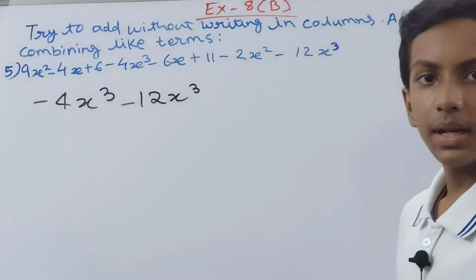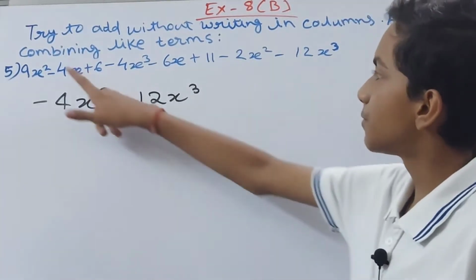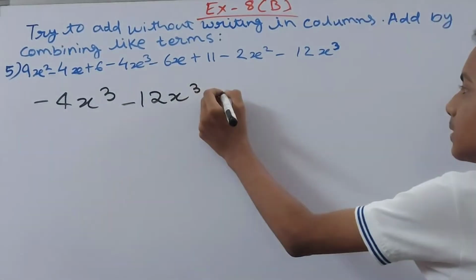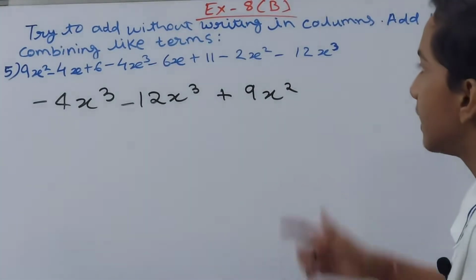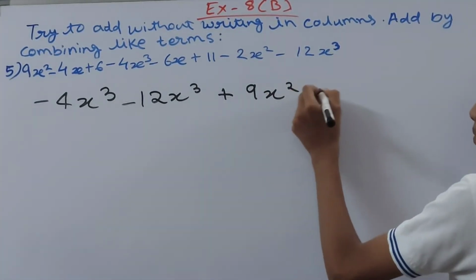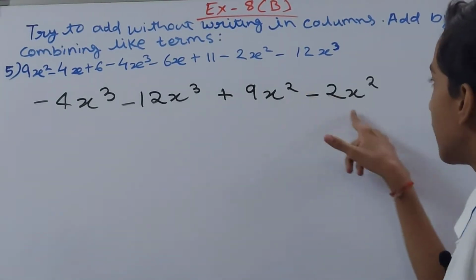Next, the ones with 2 as their degree. This one has 2 as its degree, plus 9x square, and any other? Yes, this one also, minus 2x square. So 9x square and minus 2x square.